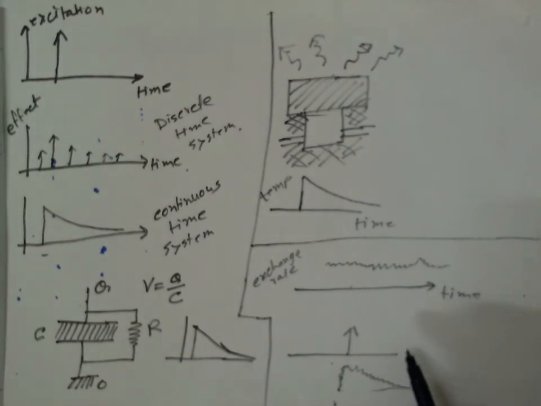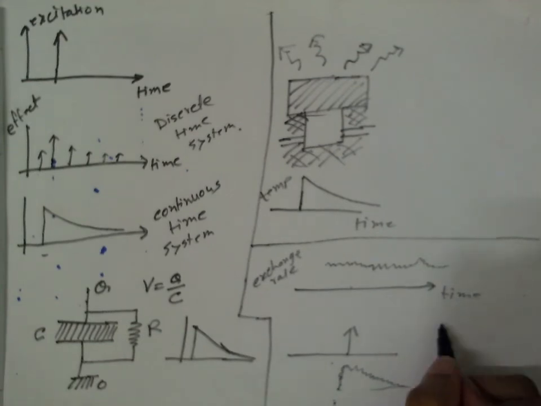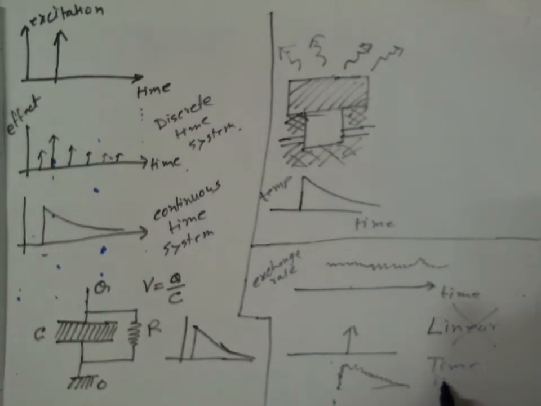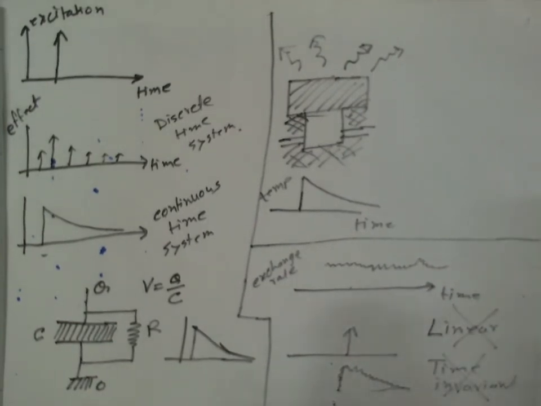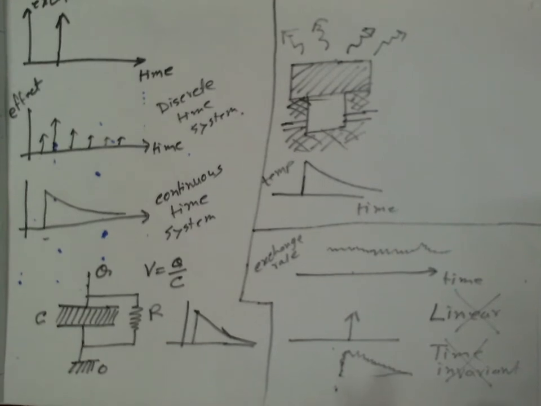Now this type of system in social science or in economics is not strictly linear. They are not linear, they are not time invariant. So strictly speaking, we cannot apply the method of convolution, but yet in many situations people have used this method of convolution to approximately estimate how things are going to vary over time, how the exchange rate is going to look over time.